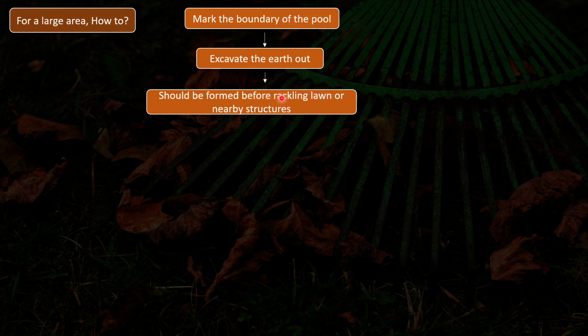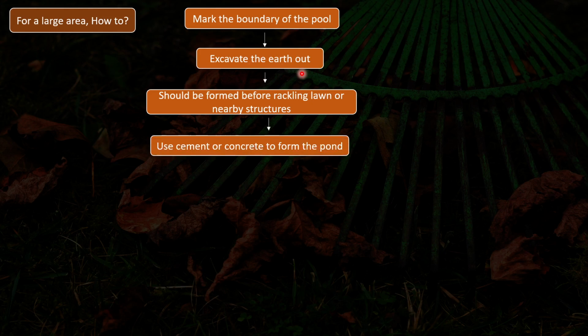If you are going to make a lawn in that area, do this excavation work before making that lawn, because the excavation will remove so much soil, and if you have already made your lawn, it will become dirty. So it is always a good idea to excavate the earth to whatever depth you want before the making of the lawn.